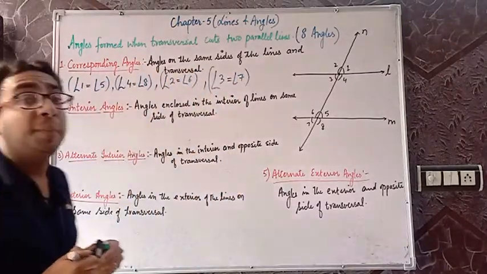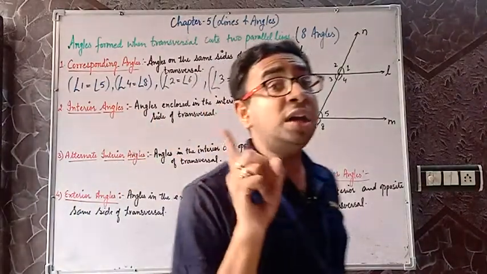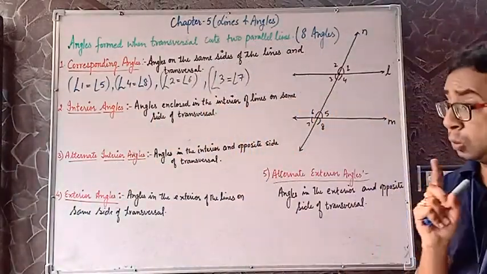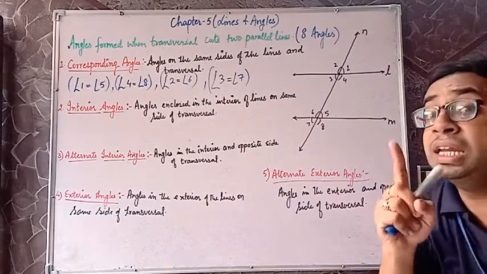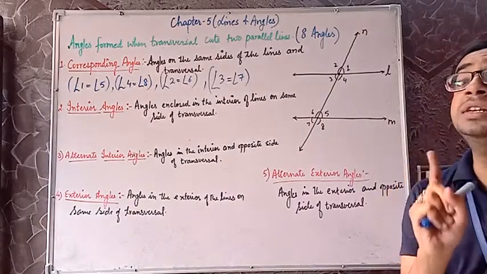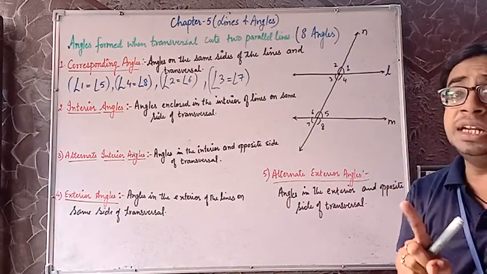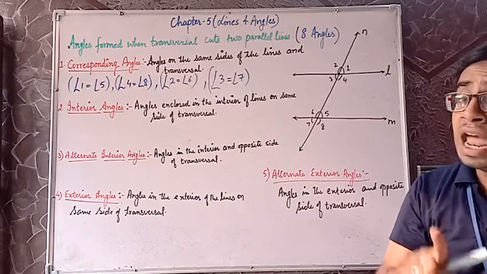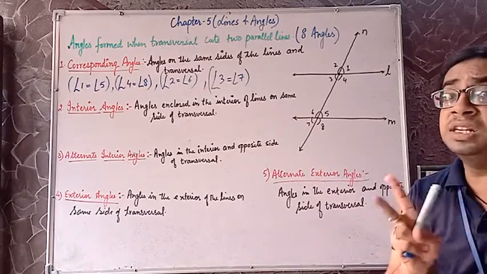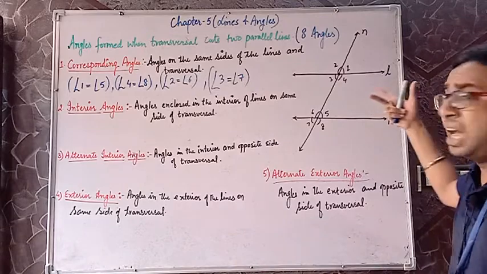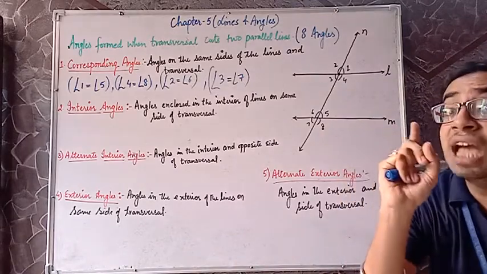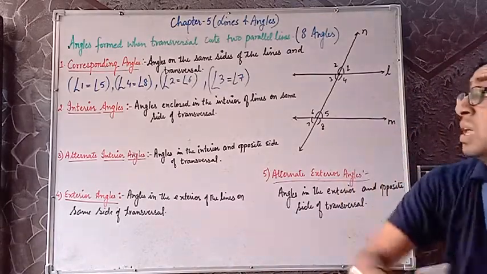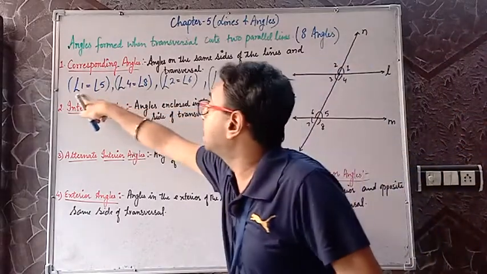Why? Because they are parallel lines. One important condition of parallel lines is that they maintain a constant distance between them. I told you an angle is nothing but the distance between two rays, which can be lines also. Hence the angle will also remain the same. That is why corresponding angles are equal.